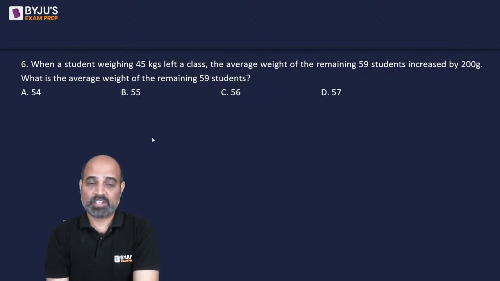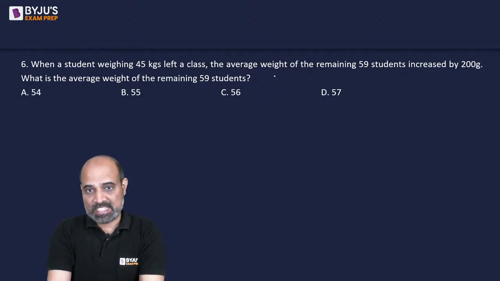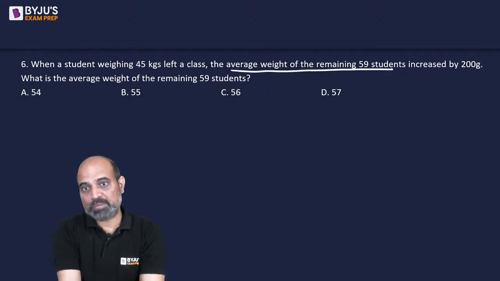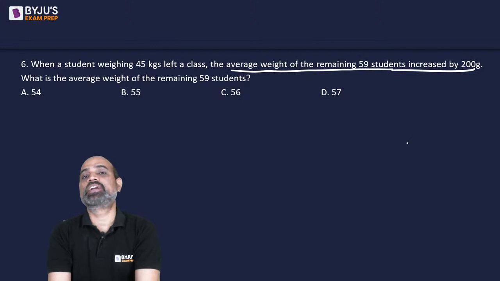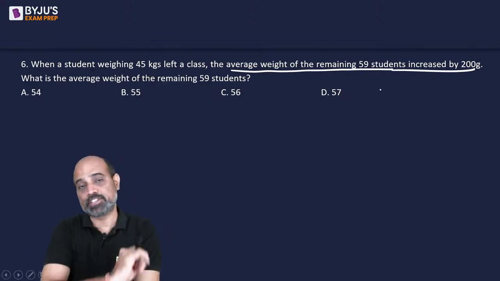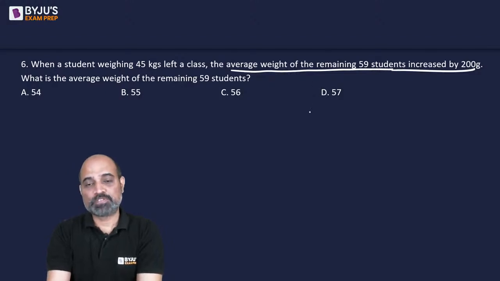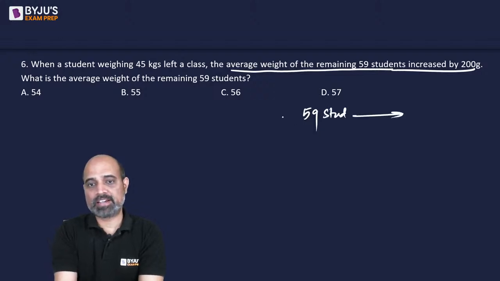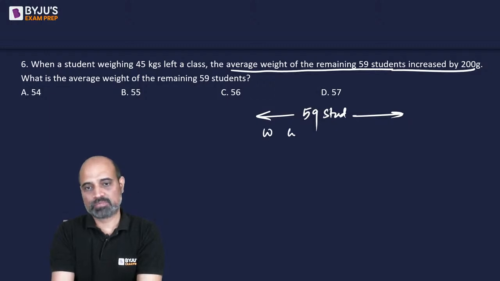Okay. So, since it says average weight of the remaining 59 students increased by 200 grams, it means these 59 students had some weight initially. Suppose these 59 students, they had a weight of W kgs initially.